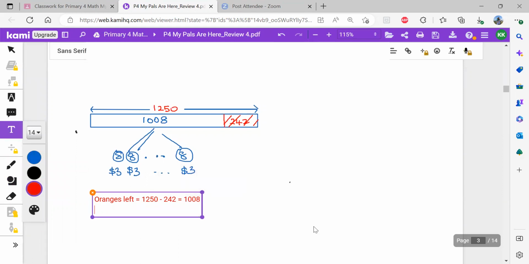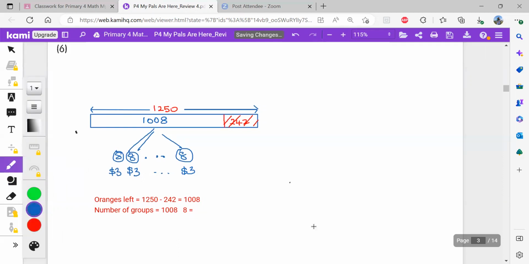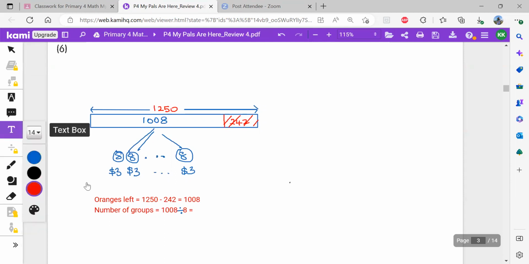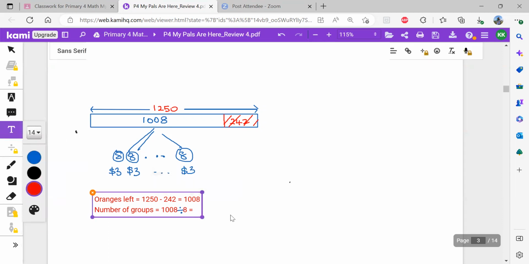So the number of groups is 1008 divided by 8. How many groups of 8 will be 126 groups.